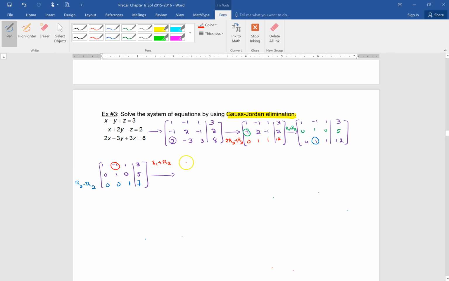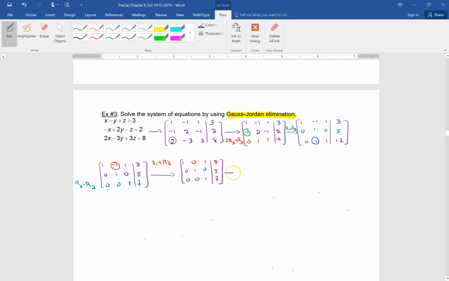And what I'm going to get are 1, 0, 1, 8. Okay, these get copied over because they didn't change. The only one left to change now is this lonely little one.